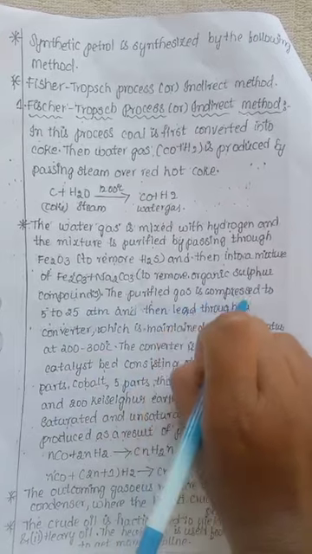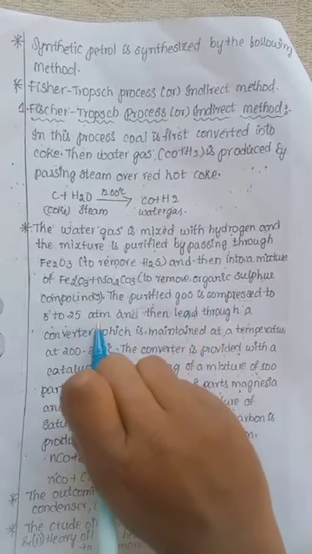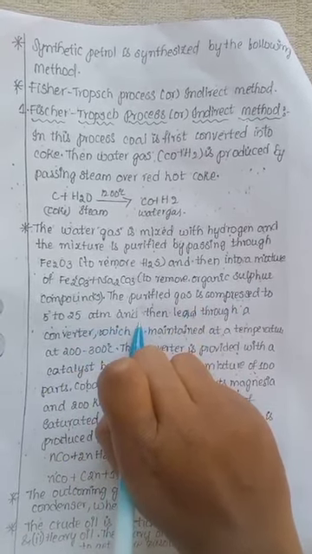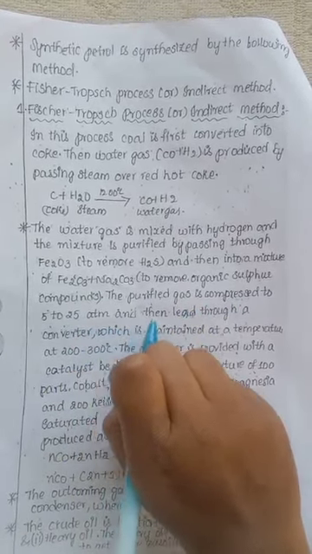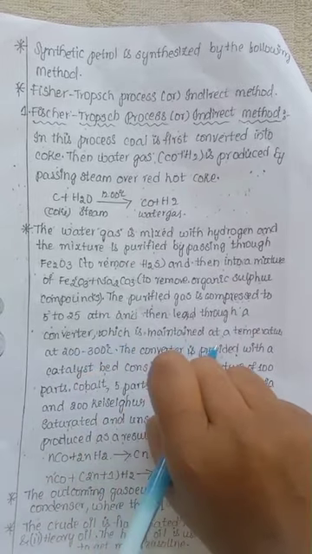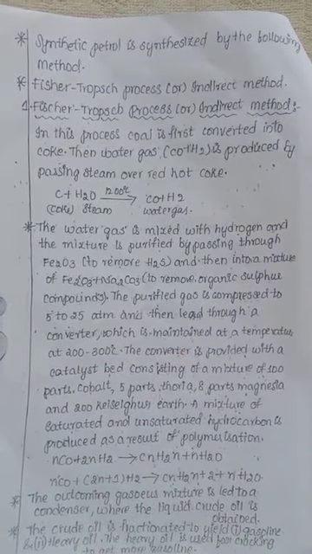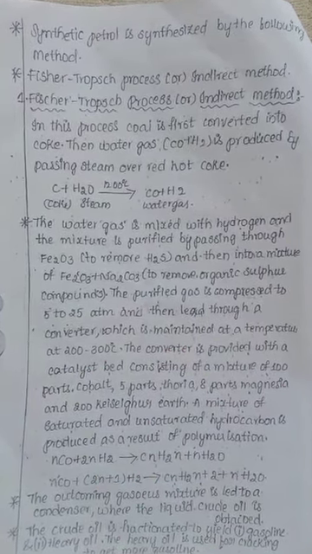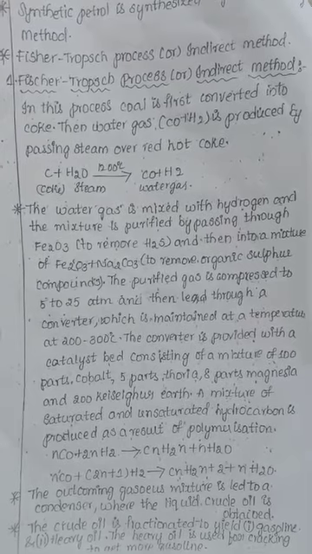The purified gas is compressed to 5 to 25 atmosphere pressure and led through a converter maintained at a temperature of 200 to 300 degrees. The converter is provided with a catalyst bed consisting of 100 parts cobalt, 5 parts thorium, 8 parts magnesia and 200 parts Kieselguhr earth.